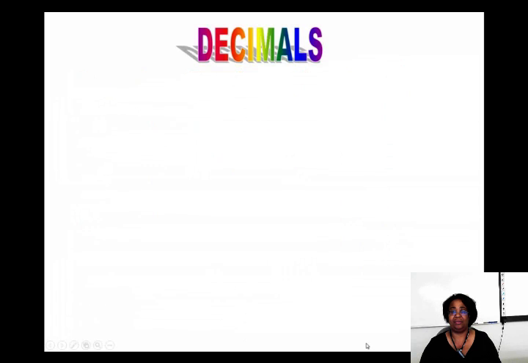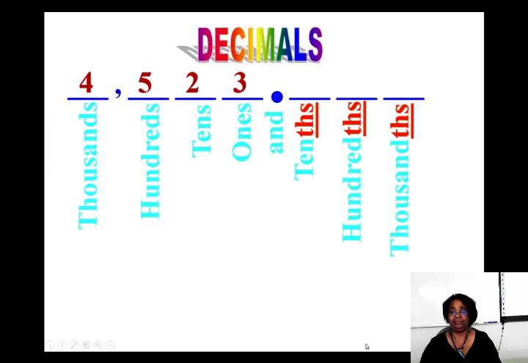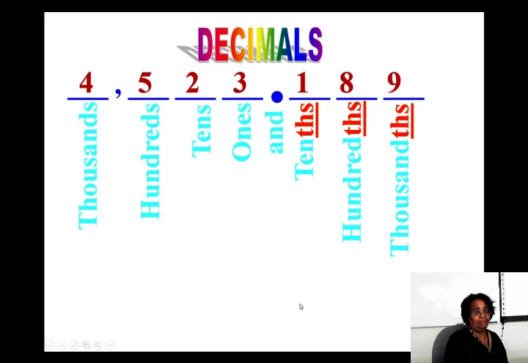Let's try another one. So how would I read this one? 523 and 189 thousandths. What did you say? 800?